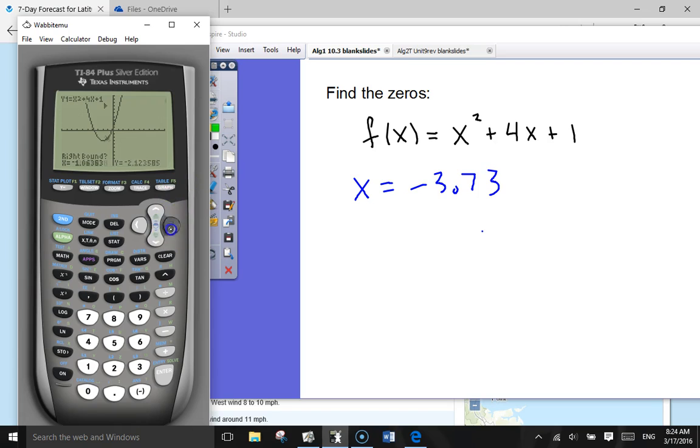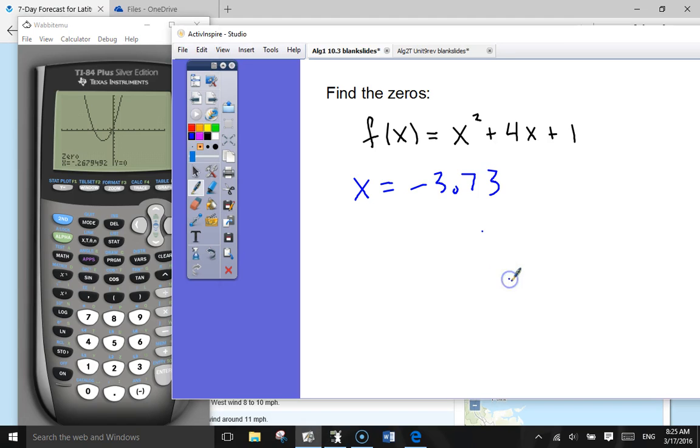Then I'll scoot it to the right, above and to the right. Enter. And then I hit enter. And it looks like it's negative 0.27. So those kinds of values are not going to show up in a table of values, right? You just have to get it with the calculator.